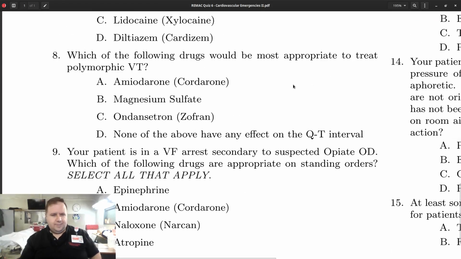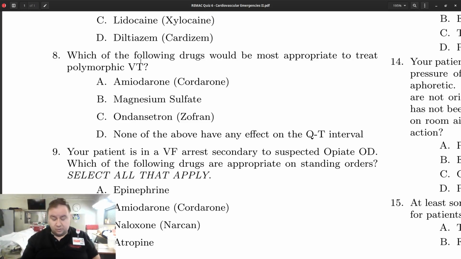All right, when we talk about polymorphic v-tac, number 8, which would be most appropriate to treat polymorphic v-tac? Well, generally, a common form of polymorphic v-tac would be torsades, right? Torsades.